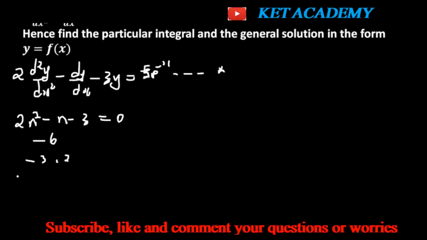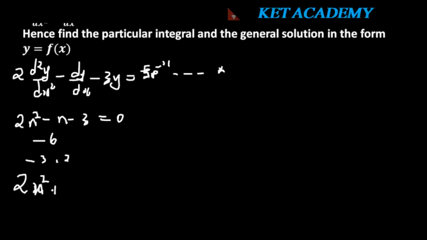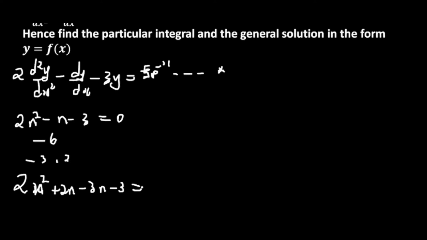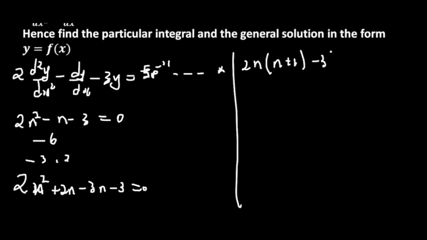So we are going to have 2n squared plus 2n minus 3n minus 3 equals 0. We're going to factor out 2n there, so that we'll be left with n plus 1, and we're going to factor out minus 3, so that we'll be left with n plus 1.